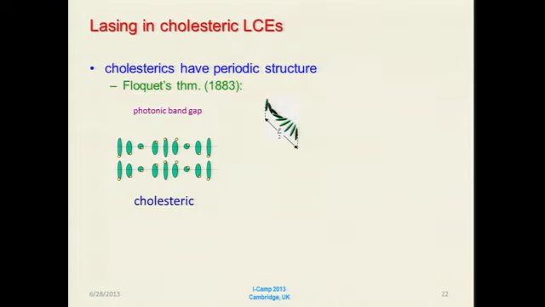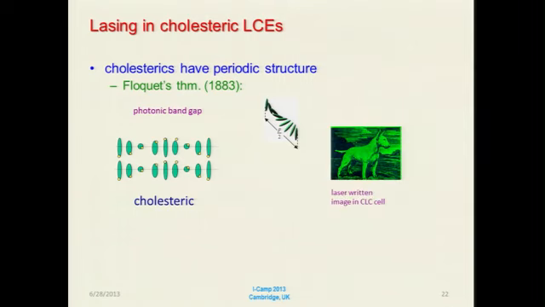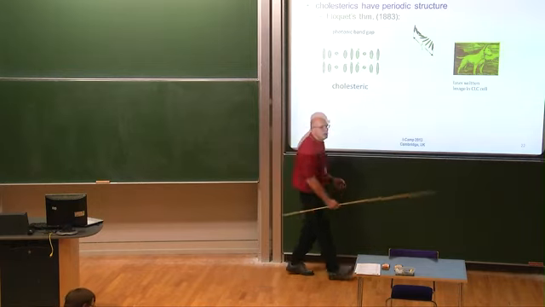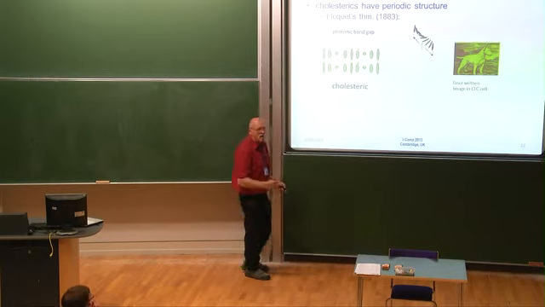And of course, that means the dielectric constant is periodic. And then by Floquet's theorem, that means that there is a band structure in the system. That is, there are regions of parameter space where there are no stable solutions. And so these materials spontaneously self-assemble to form a photonic band gap structure. And you get these really highly reflective, iridescent reflections.